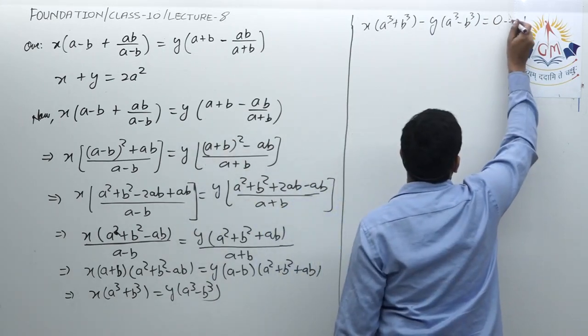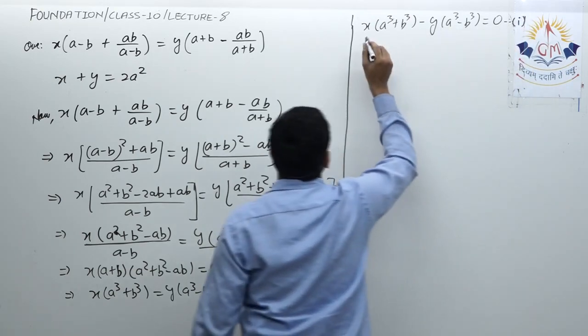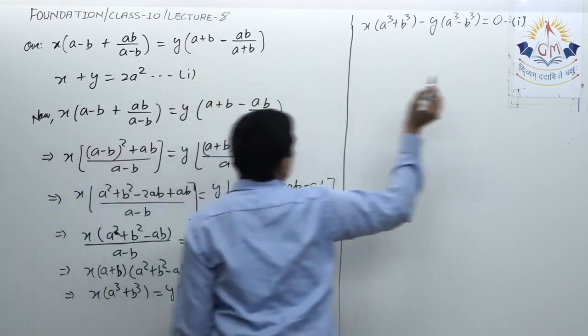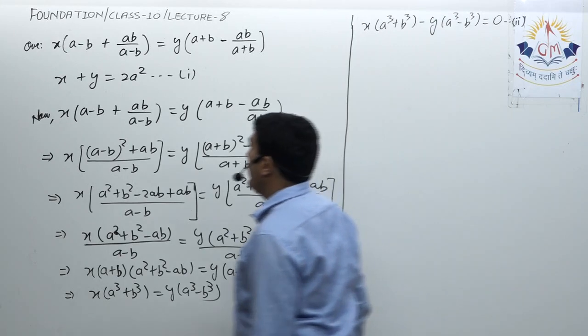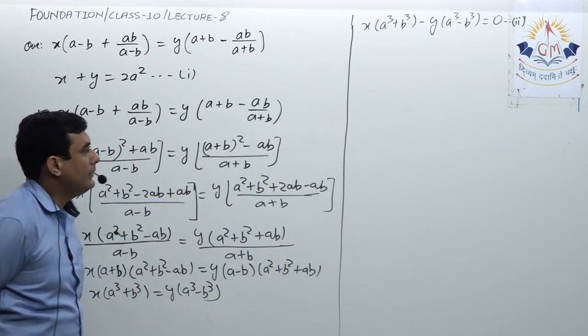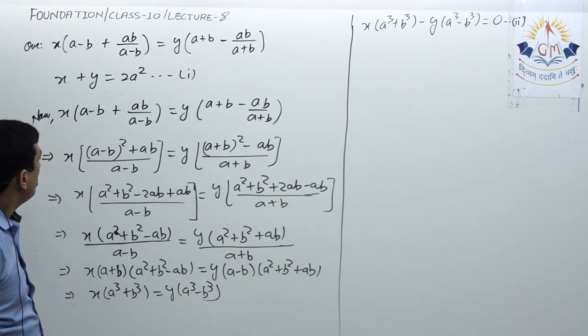Okay, so let us say this is equation number 1 and this is equation number 2. Okay, x plus y is equal to 2a square, and x into (a cube plus b cube) minus y into (a cube minus b cube) is equal to 0.